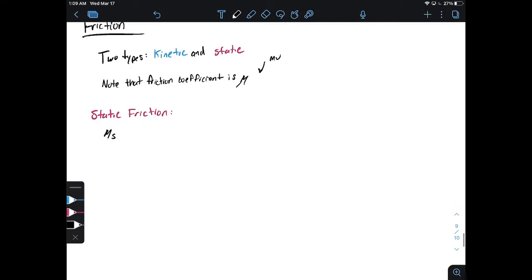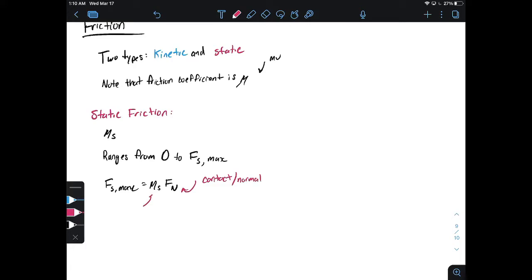And this ranges from 0 to Fs max, where that is the force of static friction, and that's the max value, obviously. And then our Fs max is equal to mu s Fn, where we have our contact/normal force, and then our coefficient of friction.